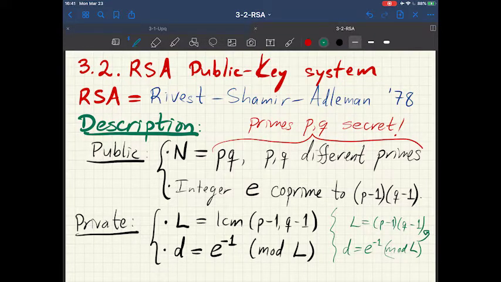It wouldn't make a difference, but in reality, you're only working with exponents modulo L.